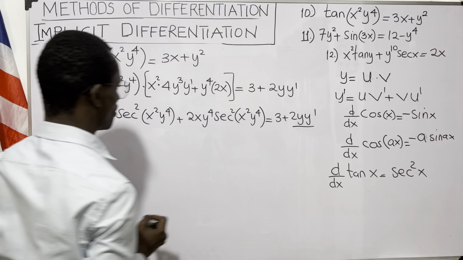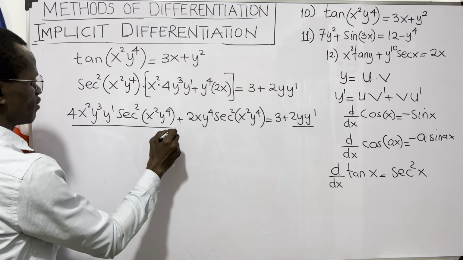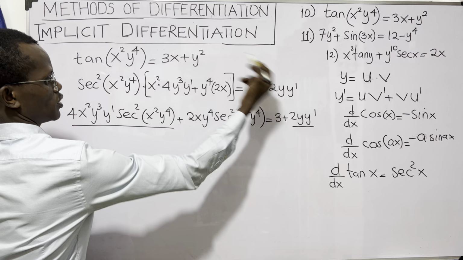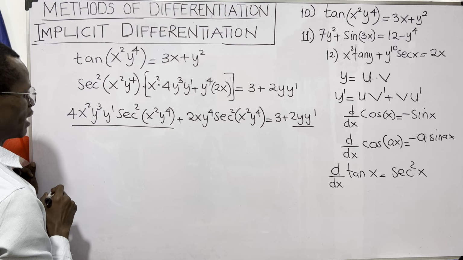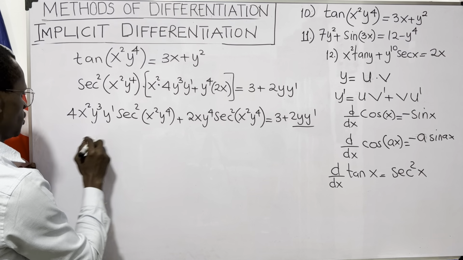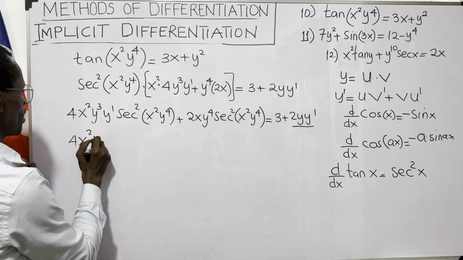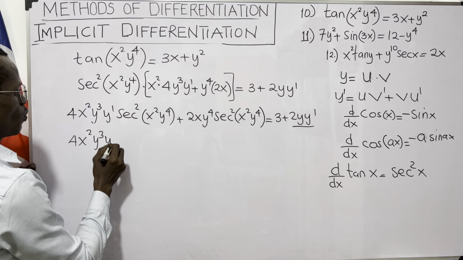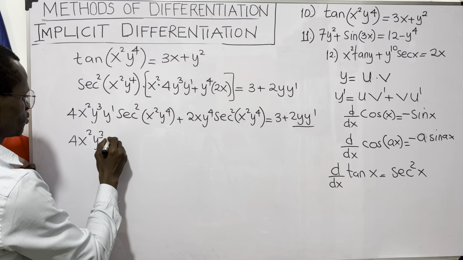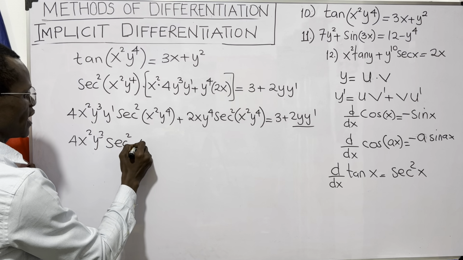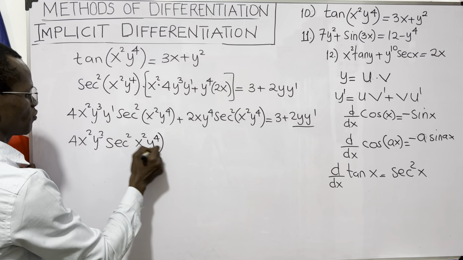So those terms of y prime, put on one side of the equation. So we bring this 2y y prime on this side. We have 4x squared y cubed y prime. Now we can just factor it out. So it's secant squared x squared y to the fourth.